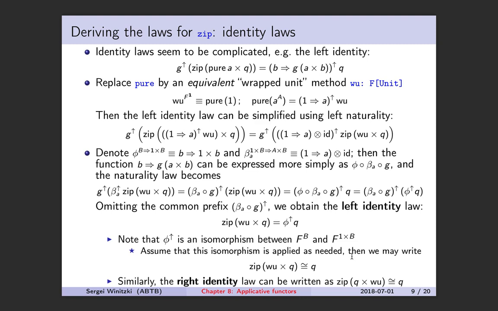Again, let's imagine that it is applied whenever necessary. We will express that using this symbol: these are not really equal, but they're equivalent up to applying these isomorphisms whenever necessary. So the left identity law can be rewritten like this, and the right identity law similarly like this.